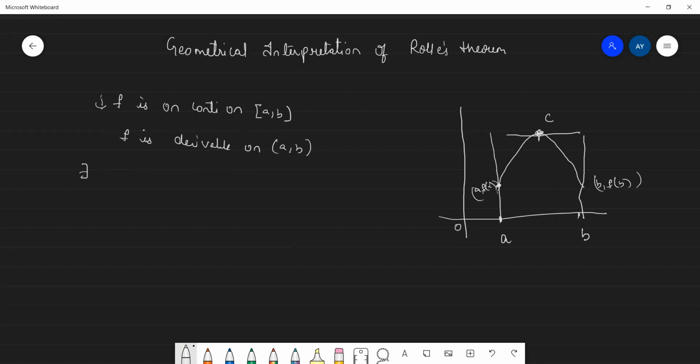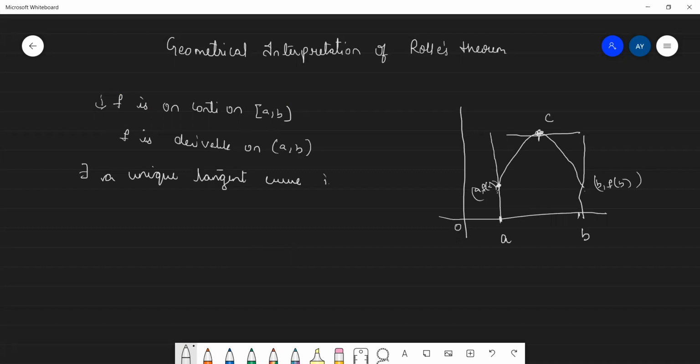This tangent is unique. There is only one tangent. So there exists a unique tangent to the curve for every intermediate point. That is, this is point A and this is point B. So between point A and point B, there is at least one tangent to the curve.